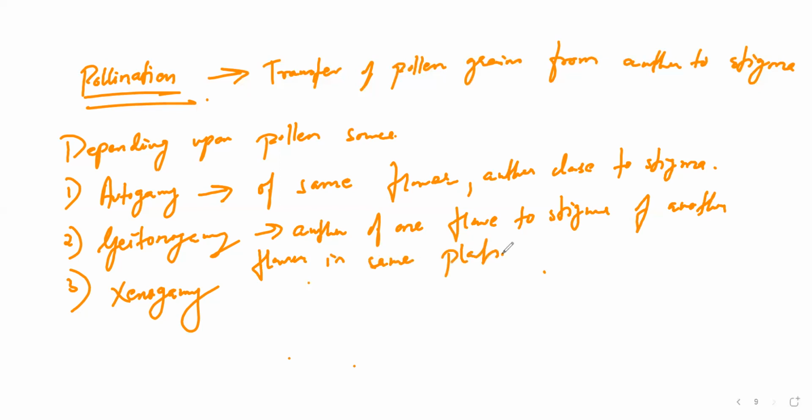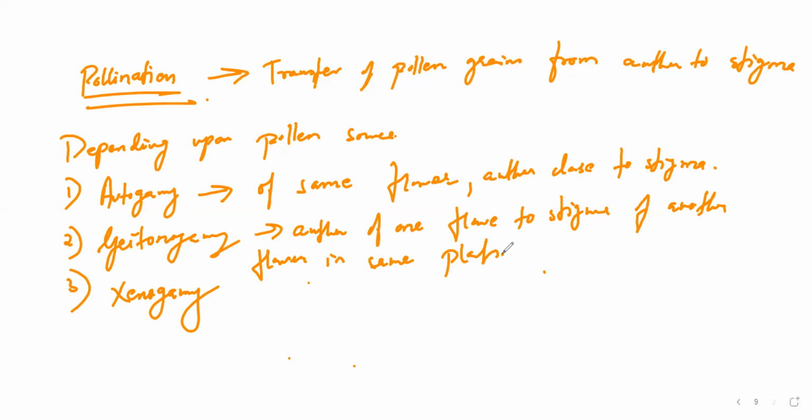See, in autogamy, pollinating agents like water, wind, or birds are not required, because the pollination takes place in one flower only. But in geitonogamy, two flowers are present in the same plant, so the pollen goes from one anther to the stigma of another flower, but in the same plant.